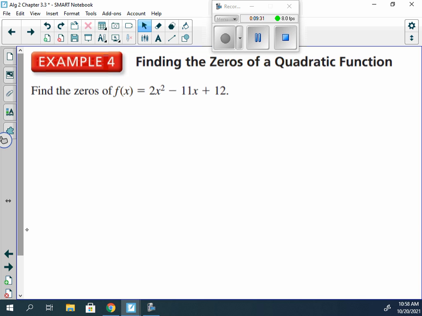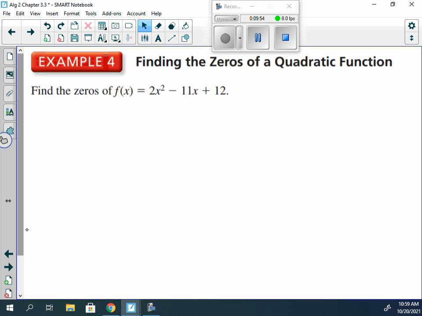Finding the zeros. It's actually kind of self-explanatory because, again, when we're solving it by factoring or graphing, we're trying to find the values of x that make the function equal what? 0. So those x values are the zeros of the function. That's all it's saying.